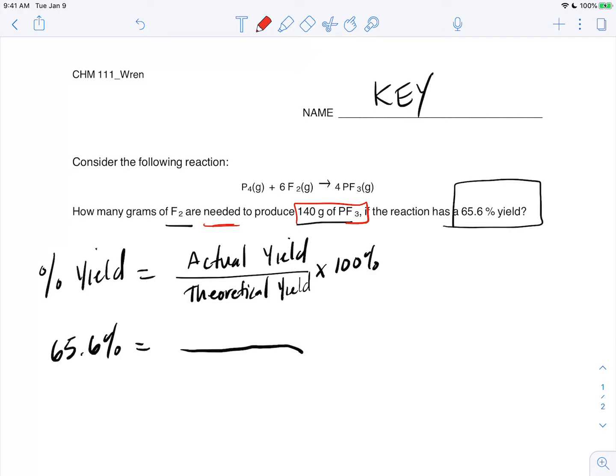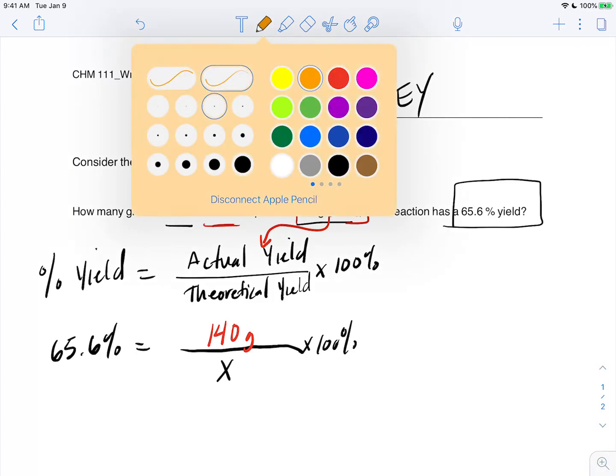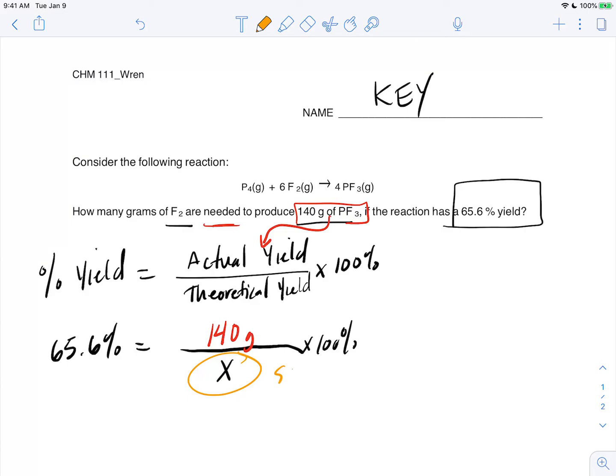Need, meaning this is actually how much you want, so the 140 grams is your actual yield. And so this is the key to the whole calculation. So now we have a simple algebraic problem where we would like to solve for x.